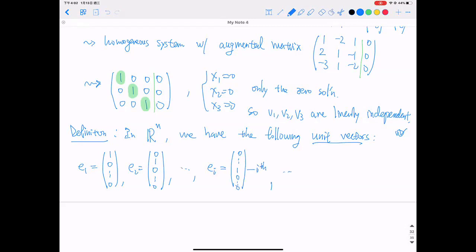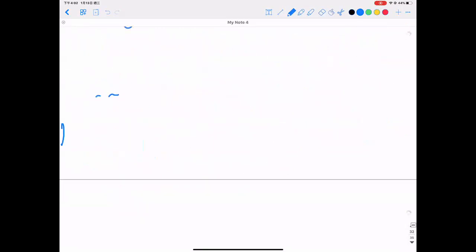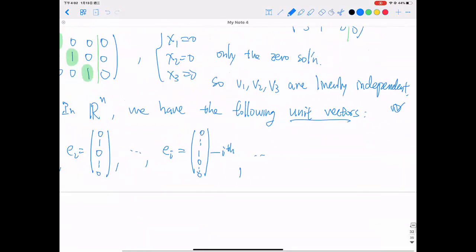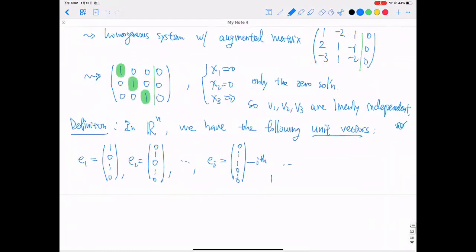And finally, En is the one whose nth entry is 1 and other entries are 0.